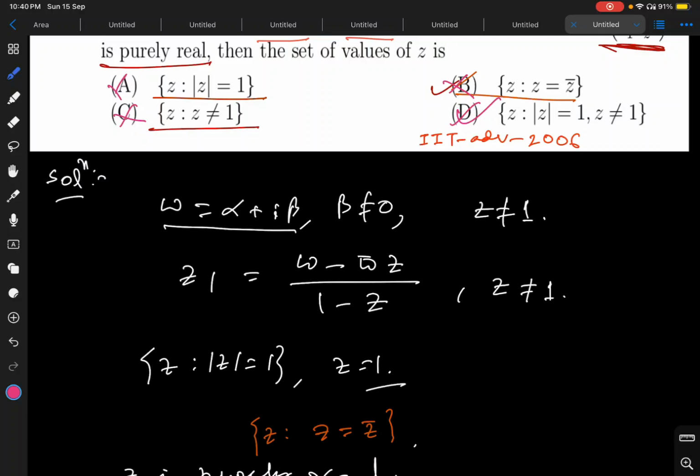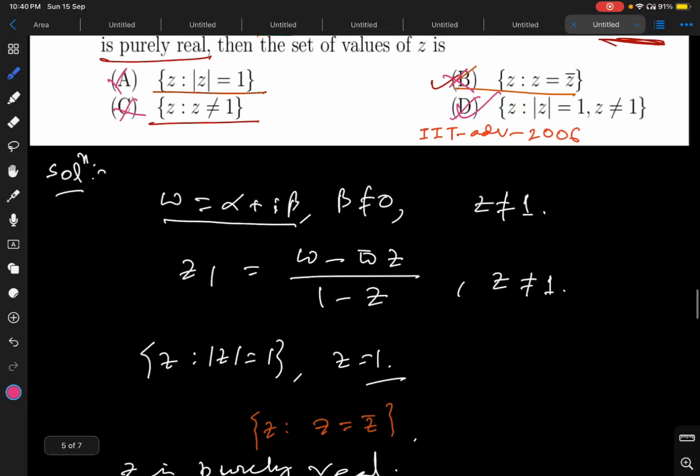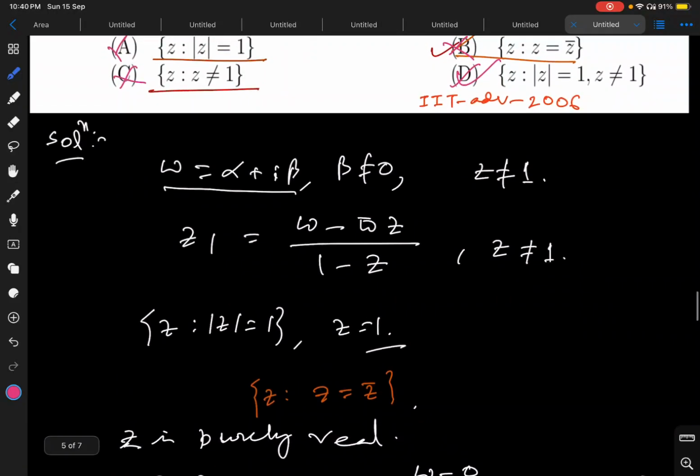We will take option D more theoretically. In option D, it is given the set of all complex numbers with mod z equal to 1, and obviously z is not equal to 1.